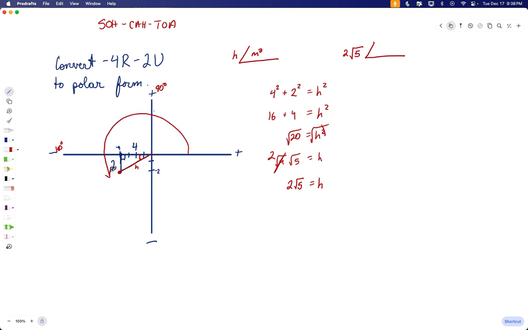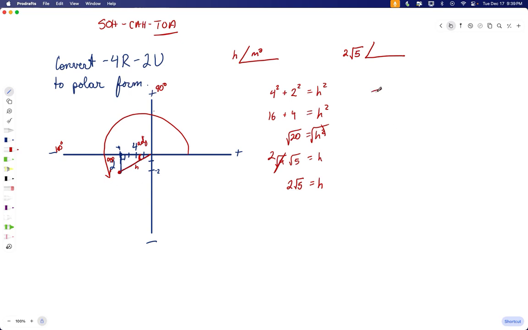And find out what that degree of measure is. So I've got to find this little bit to add to 180 like we've already talked about. So I think what I'm going to do is use TOA, because this would be the opposite side and this would be the adjacent side, and I have nice whole numbers that I can use.